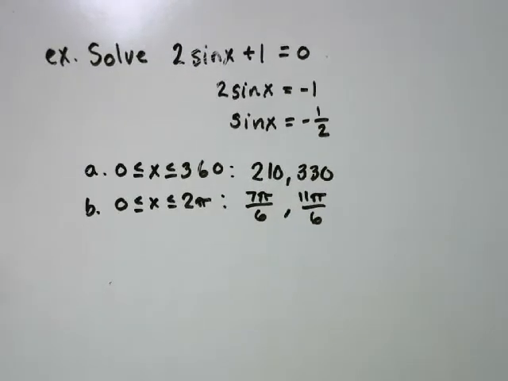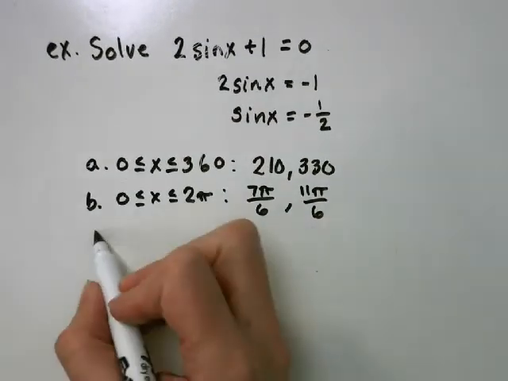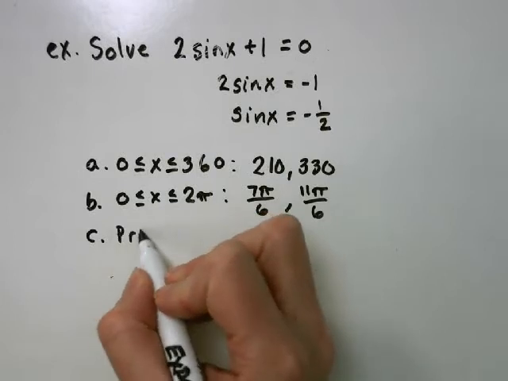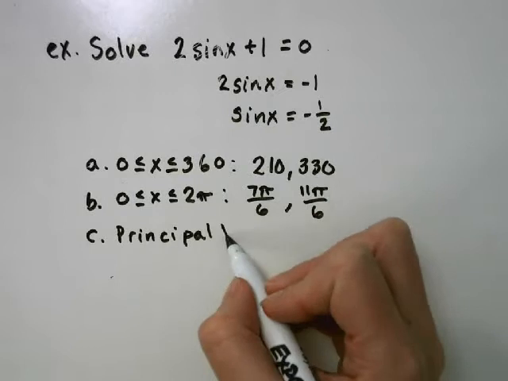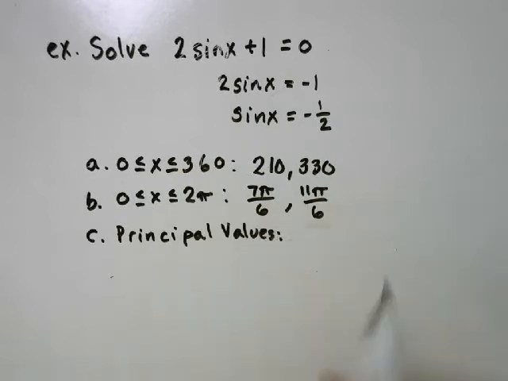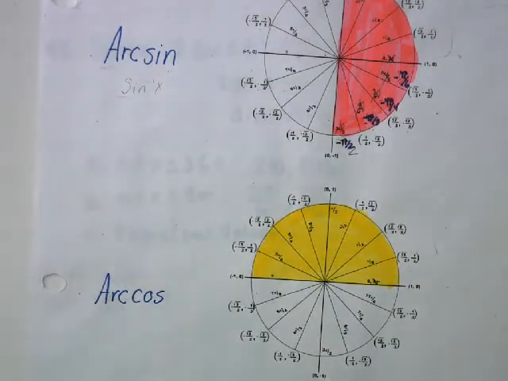Okay, there's other ways we can ask this question. I could ask for what's called principal values. Principal values is going to be the inverse function. So that's going to be the highlighted unit circles from last semester.